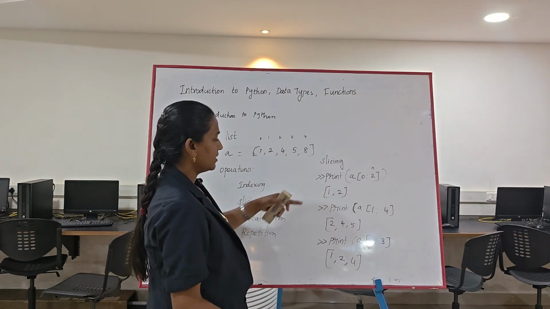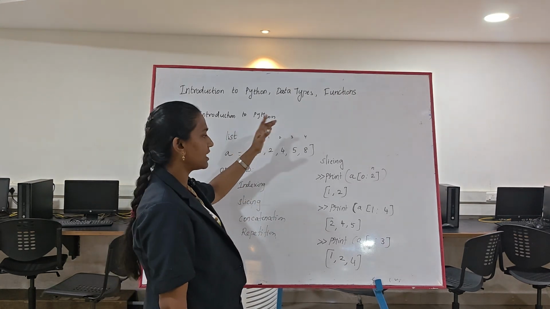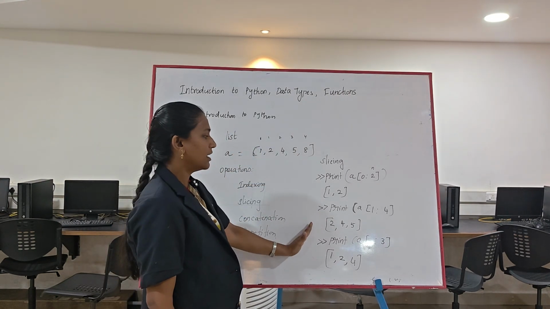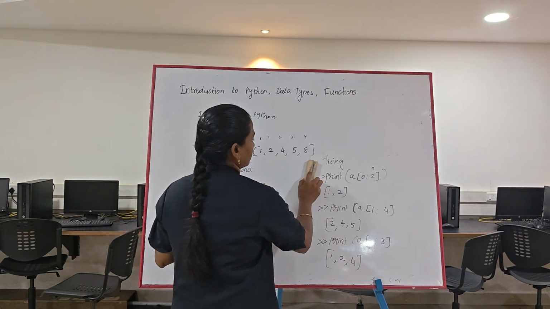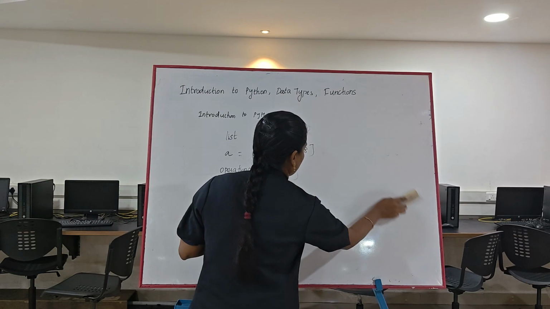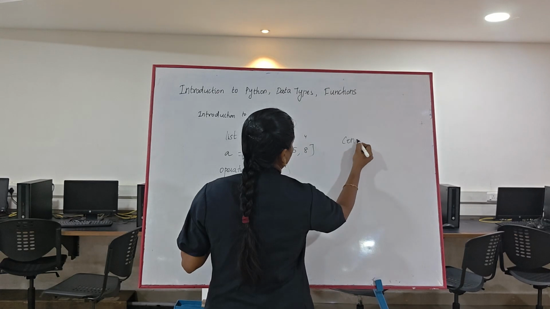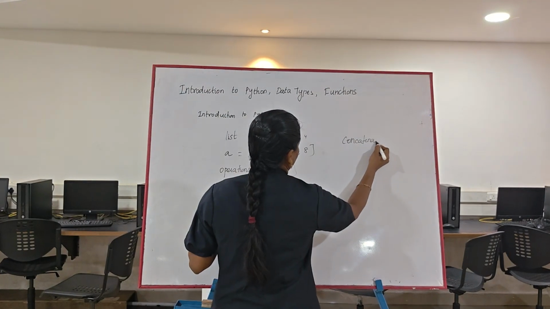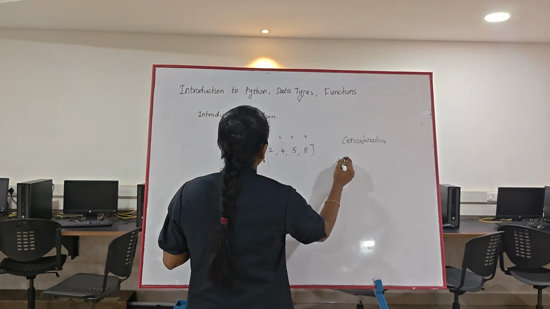Next, concatenation. Whatever we have seen in the string, the same happens here also. Here A is equal to the value we have given.